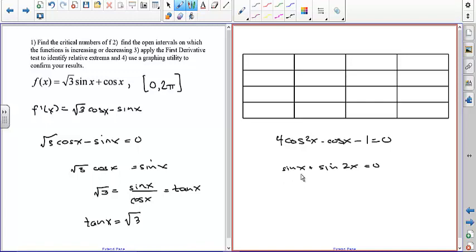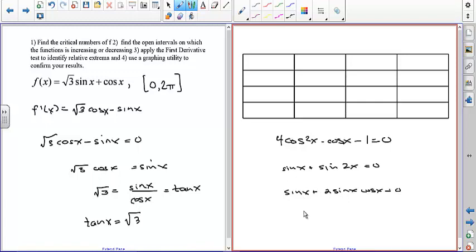There's a trig identity involving converting the sine of 2x to x. Yes, the sine of 2x is actually 2 sine x cosine x, so the equation becomes 2 sine x cosine x plus sine x equals 0.